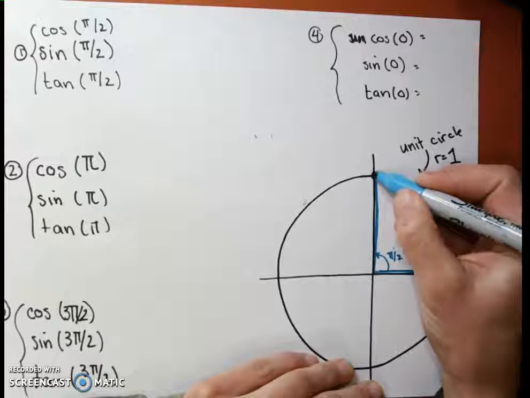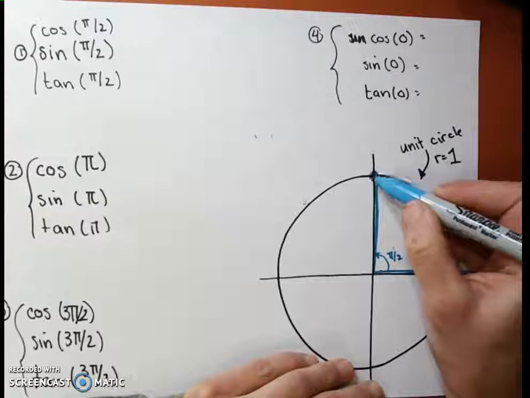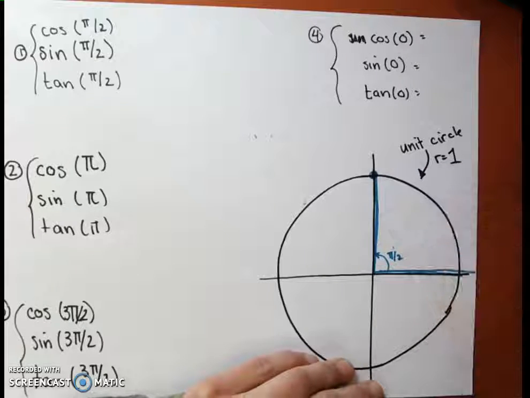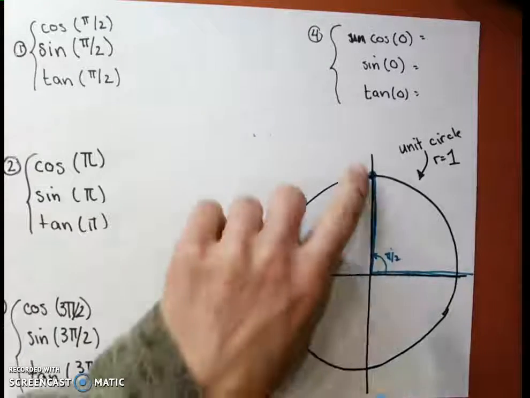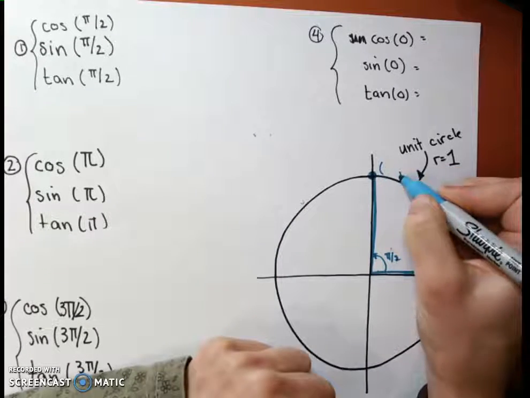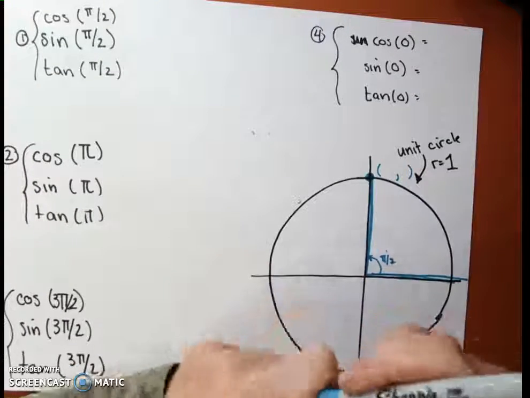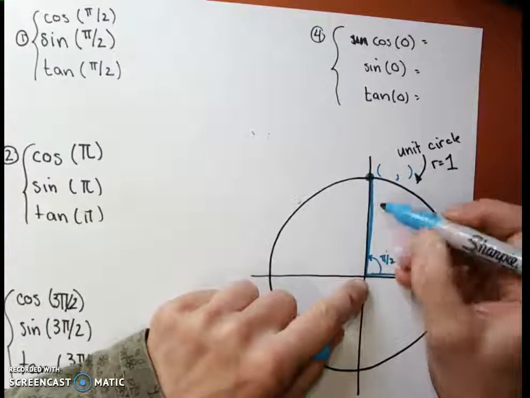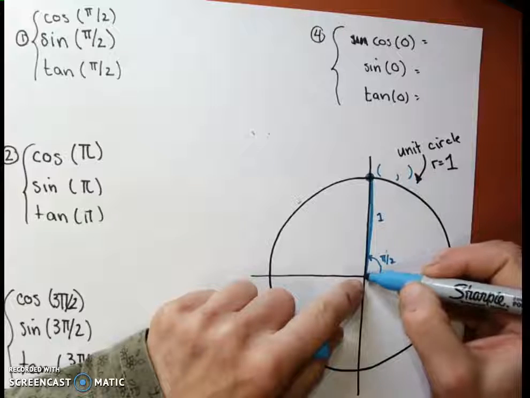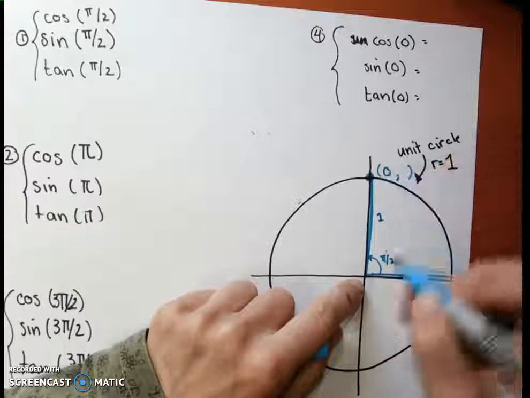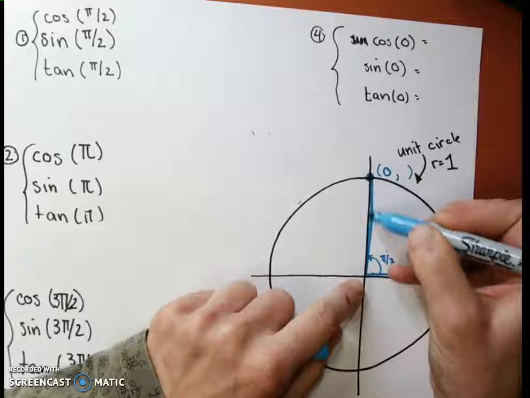And so this is the point I'm interested in, the point on the unit circle that corresponds to pi over 2. So what I need to figure out are the coordinates of this point. And I know it's a unit circle, so this radius is length 1. So my x-coordinate is 0 because I'm on the y-axis.